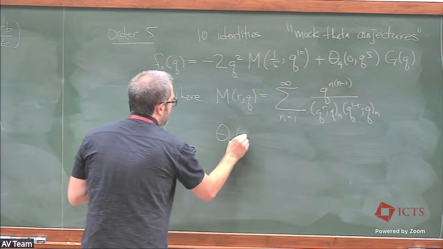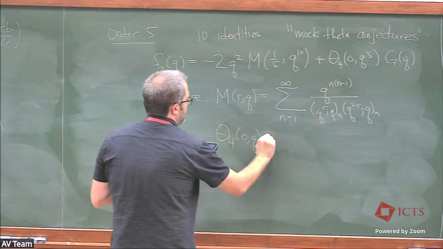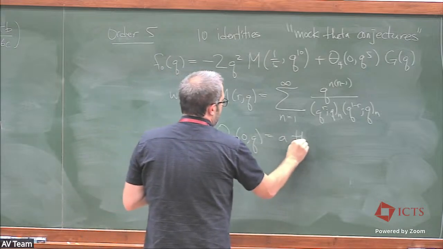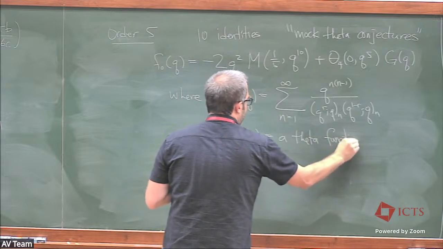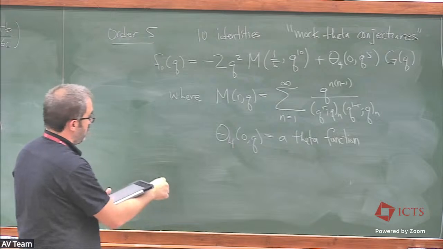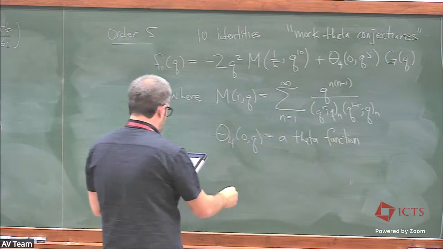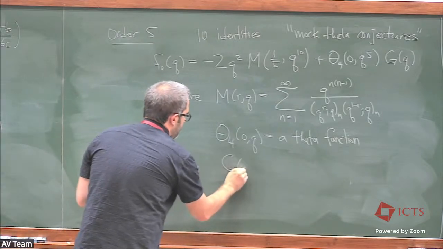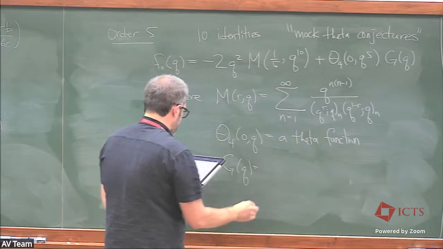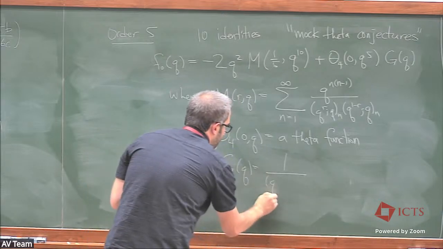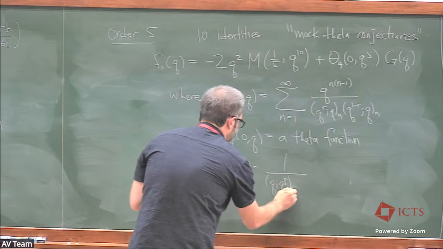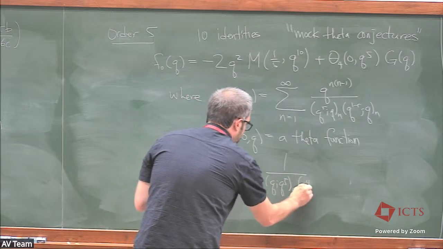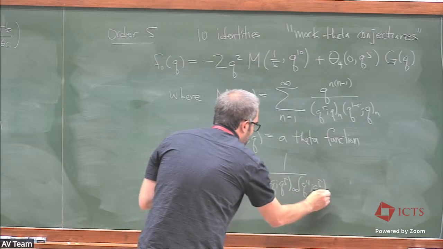θ4(0, q), this is a theta function. A fairly simple one. So this is a modular form of weight 1/2. So nothing too crazy there. And G(q) is this infinite product, 1 over (q; q^5)_∞ (q^4; q^5)_∞.